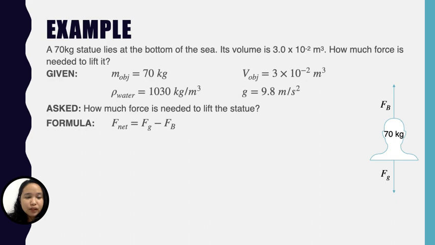Since we are looking for the force, we are going to use this. F net, or your summation of forces, is equal to F_G minus F_B, since they are in opposite directions, so you must subtract. In this problem, I set the F_G, or your force due to gravity, as the positive one.